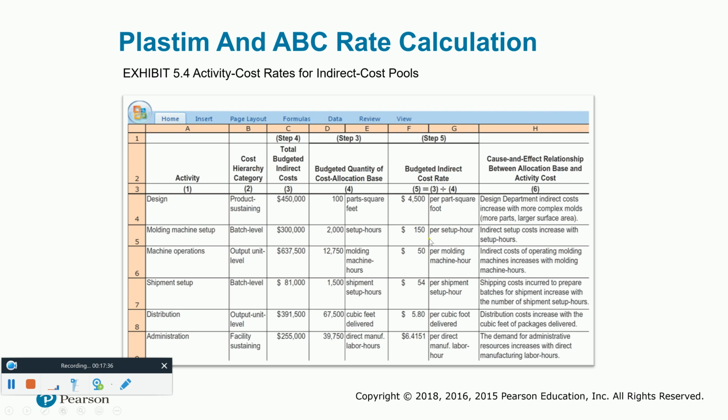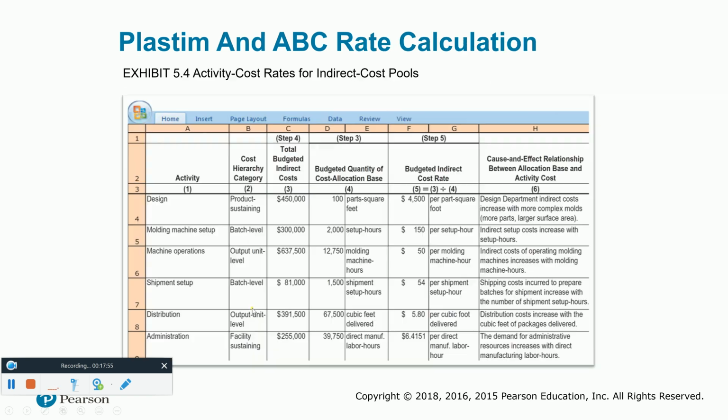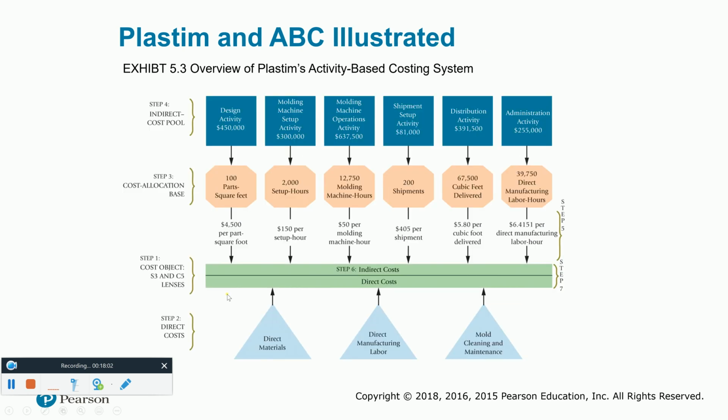The machine operations, it was $50 per molding. So 9,000 molding machine hours times 50 is 450,000. For the complex lenses, 3,750 machine hours times 50. You get 187,500. The shipping setup on the prior slide, the shipping setup was, let me see, where is it?